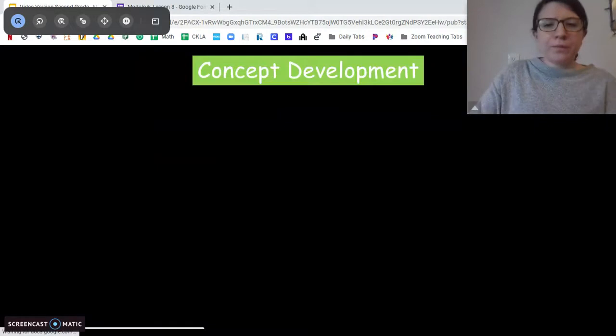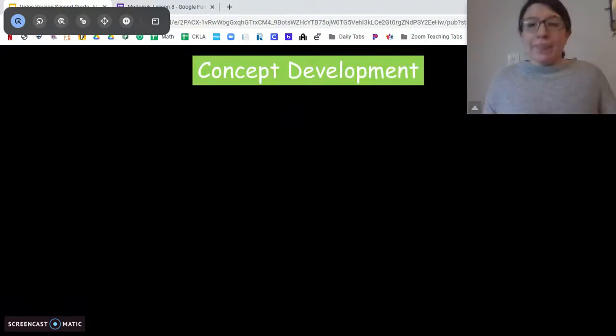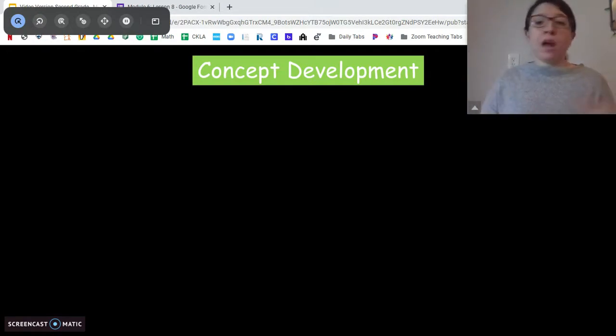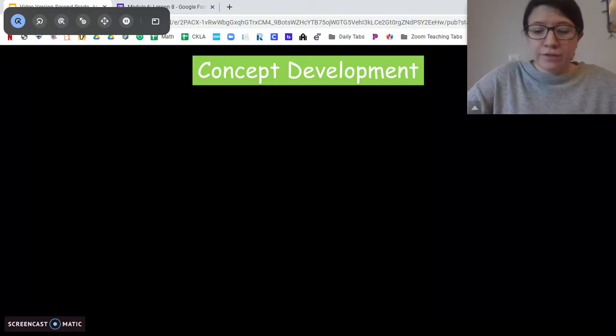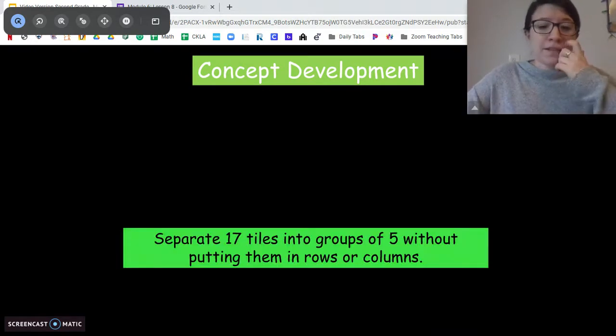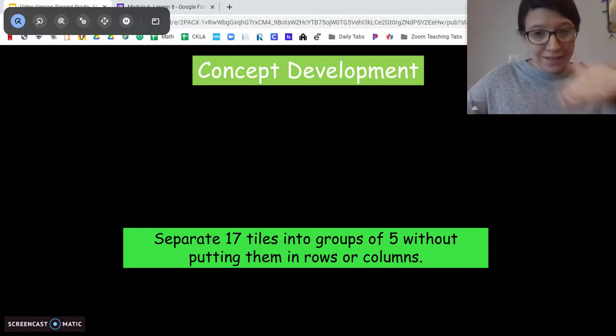Whoop, whoop. All right. So at this point, I want you to go grab whatever you're using for your tiles, whether it's Legos, blocks, cereal, whatever it is, go grab it, because I want you to do this with me. I'll show it on my screen if you can't find anything to use for tiles as well. So our first step is to find 17 tiles.